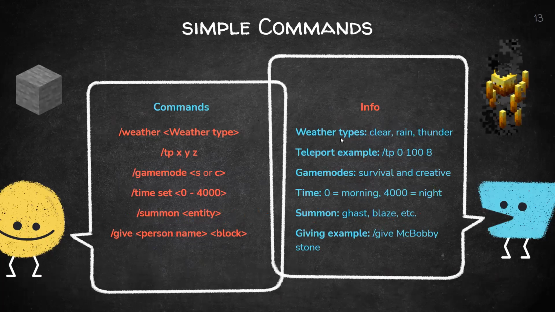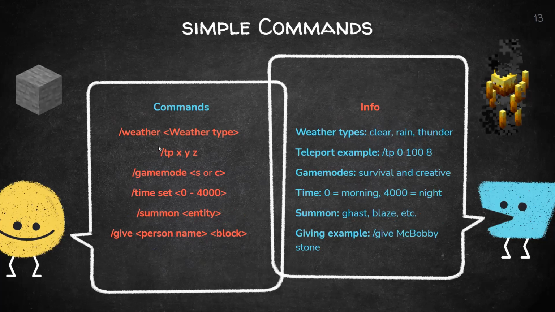It just changes the weather to either clear, rain, or thunder. So slash weather clear will make the weather clear. Slash weather rain will make it start to rain. And slash weather thunder will make a thunderstorm. Hopefully you wrote this down in Minecraft, and hopefully it worked.